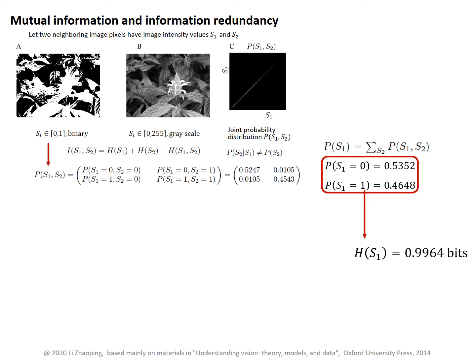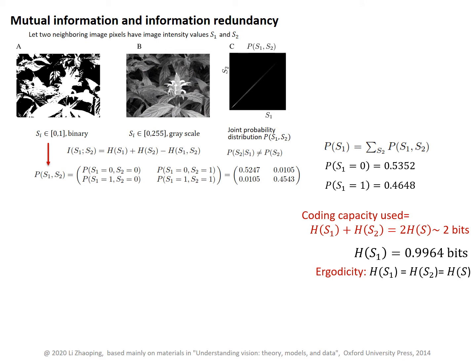And one can assume ergodicity, which means that different pixels have almost the same marginal statistics and thus the same entropy. We denote this entropy of a pixel simply as HS. So the coding capacity used to represent S1 and S2 separately in their raw input form is then about 2 bits.